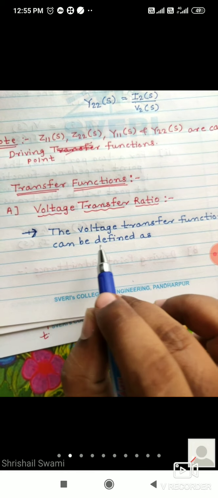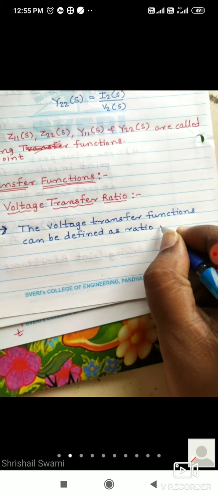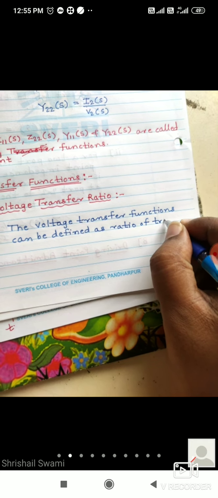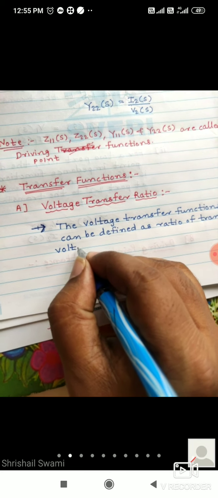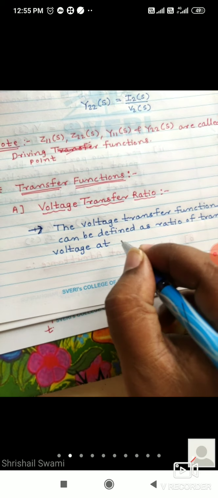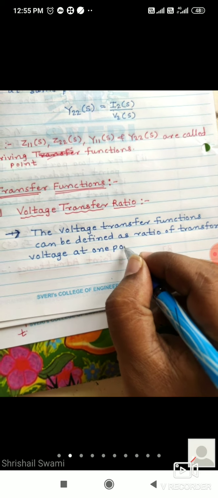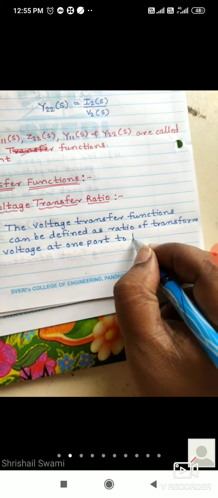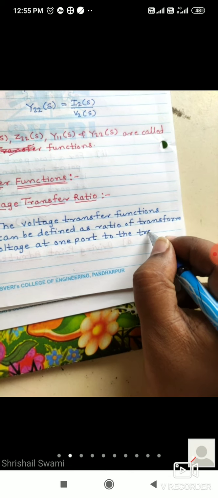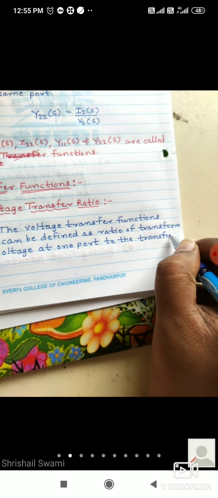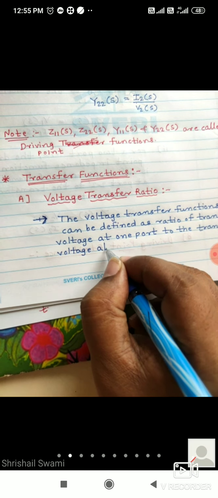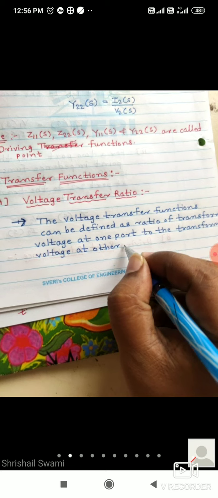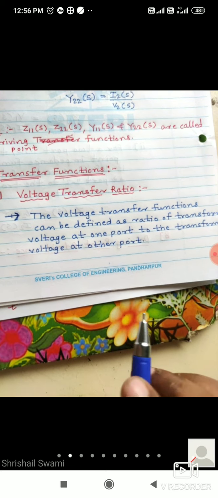The voltage transfer functions can be defined as ratio of transform voltage at one port to the transform voltage at another port or other port. So this is a common definition.